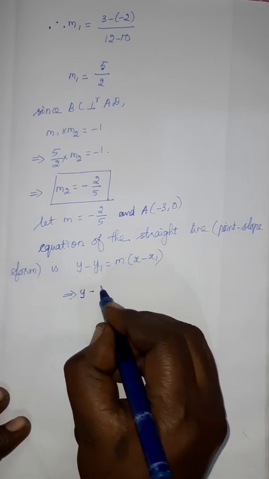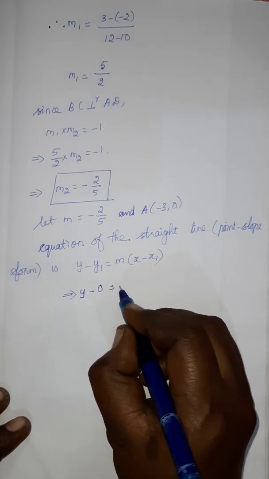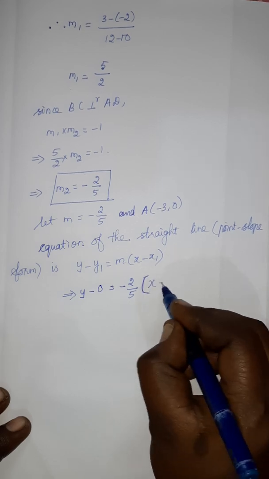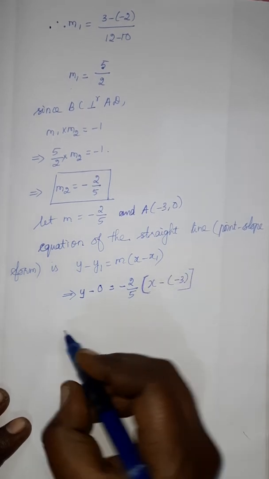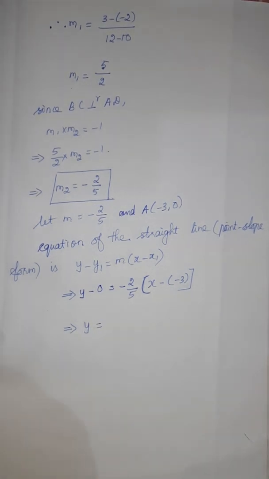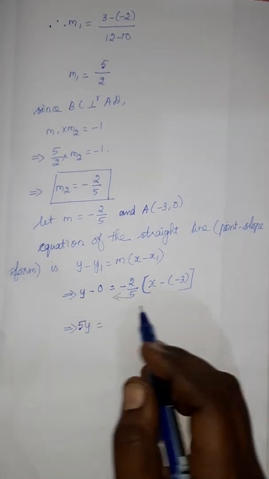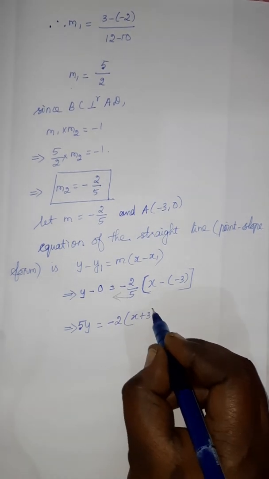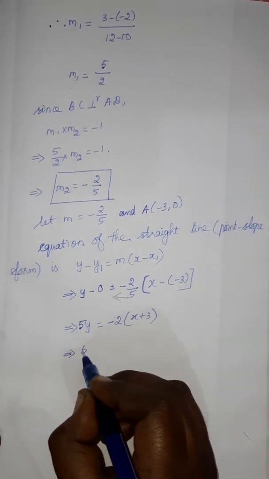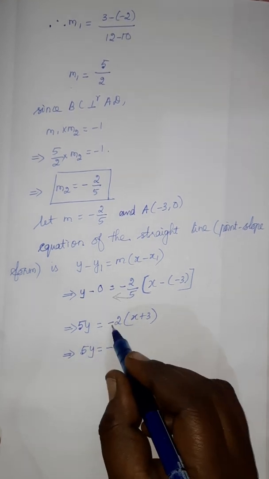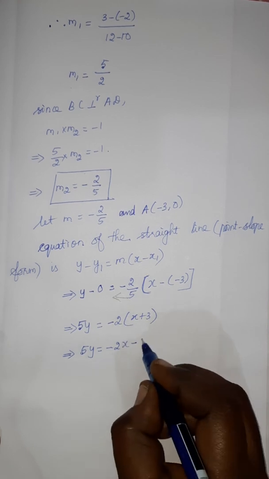So y minus 0 equal to minus 2 by 5 into x minus (-3). You have to cross multiply. So 5y is equal to minus 2 into x plus 3, which implies 5y equal to minus 2x minus 6, since minus 2 threes are 6.